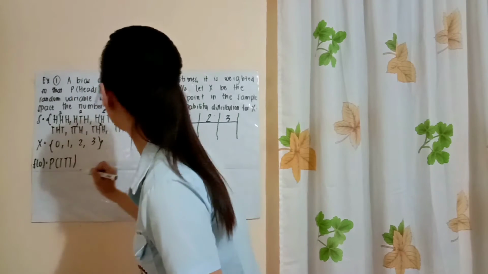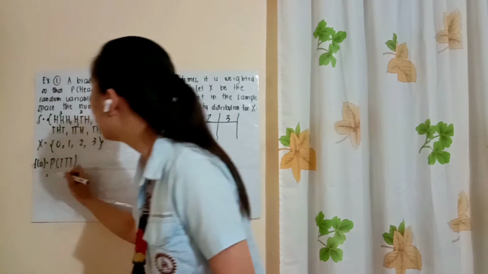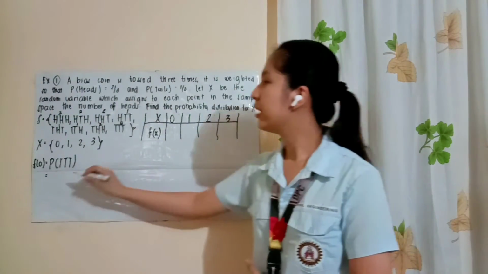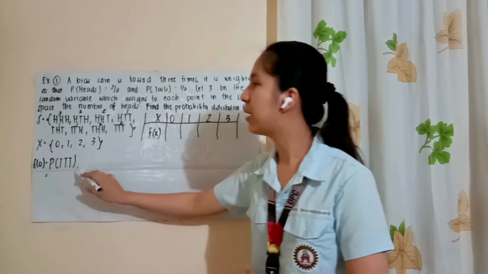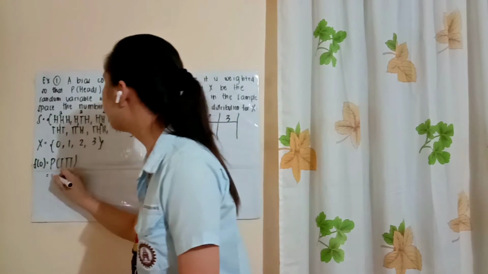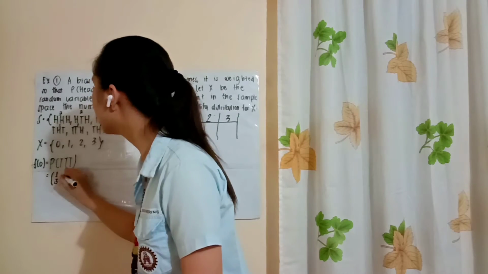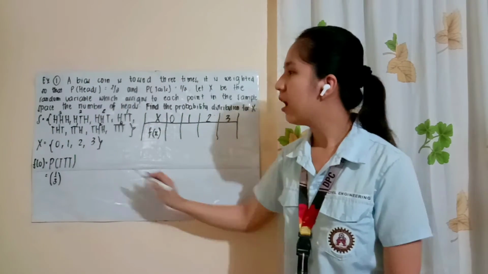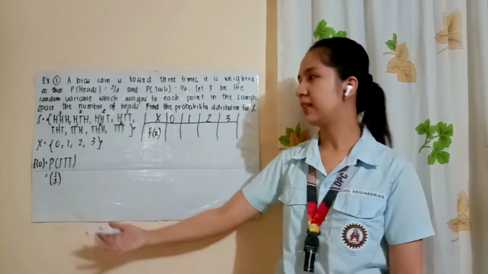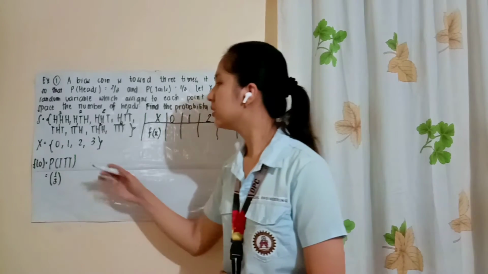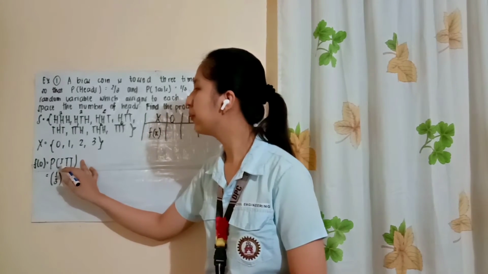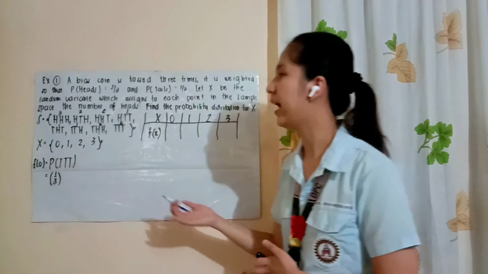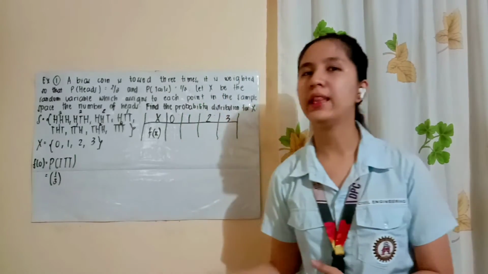For the probability of TTT, we will get the probability of each one here. First, the probability of tail is 1/3. Now we will multiply the three of them, because in this sample point we get tail, and tail, and tail.